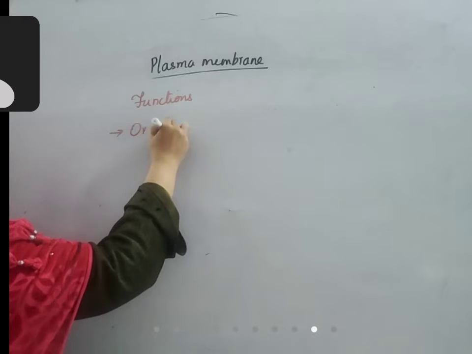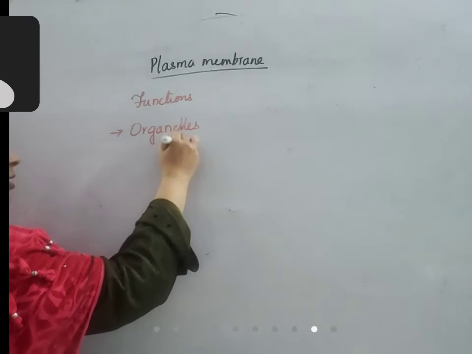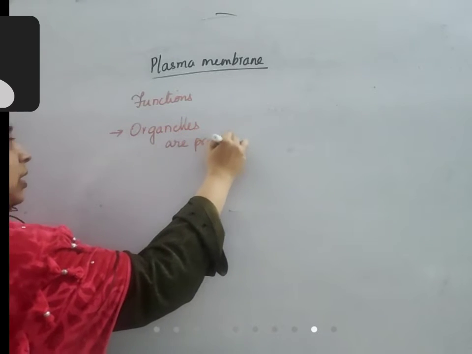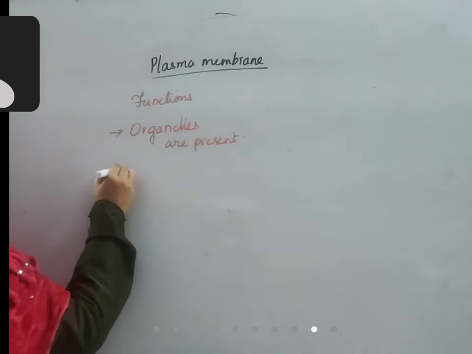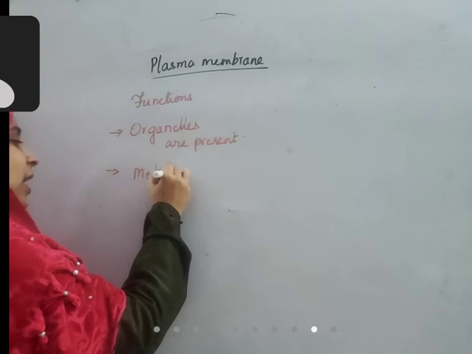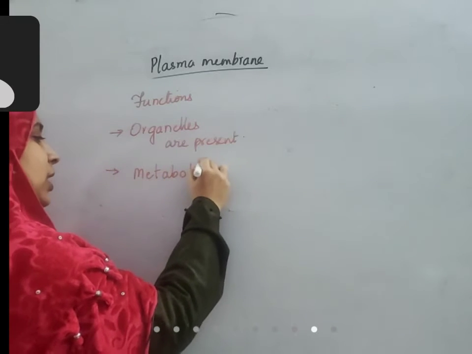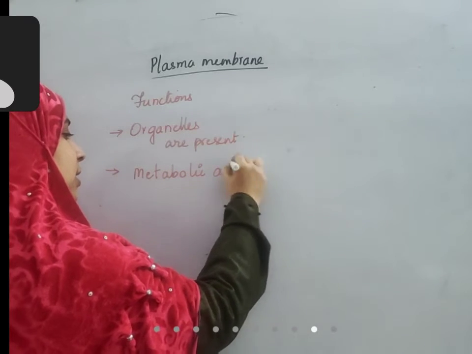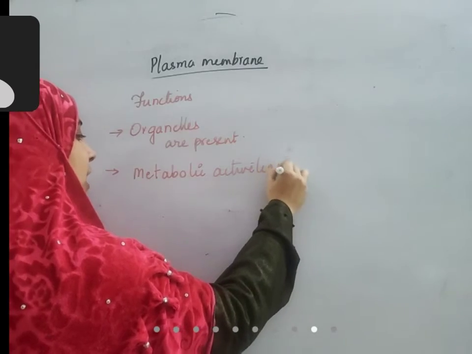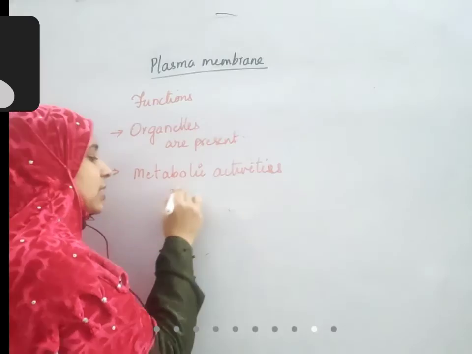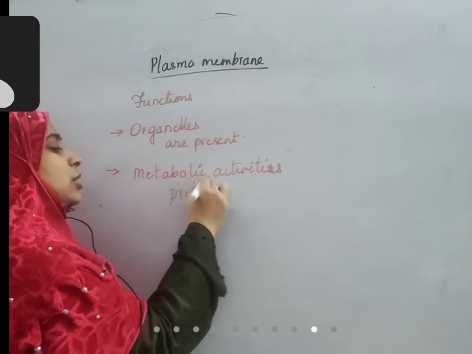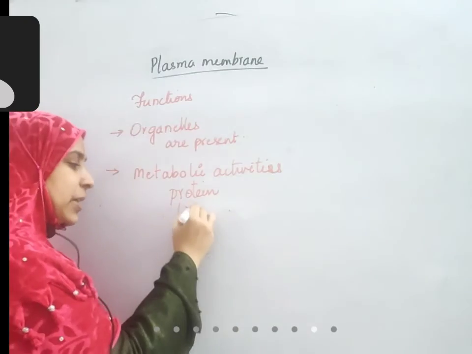Since organelles are present, all metabolic activities occur here. Take for example, ribosomes are there, proteins are produced. In smooth endoplasmic reticulum, lipids are produced.